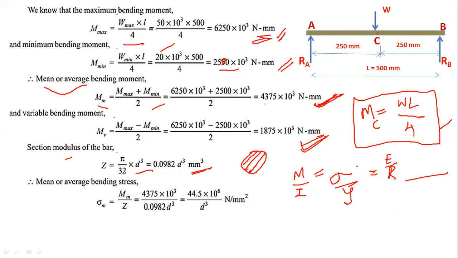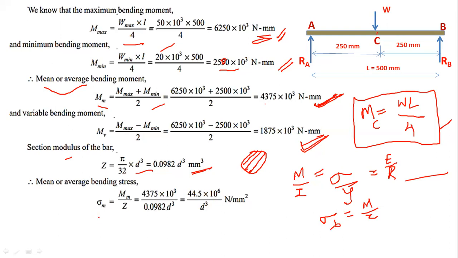From this bending equation, bending stress sigma equal to M by I by y, that is M by Z. So M by Z is the bending stress. So bending stress equal to bending moment divided by section modulus.